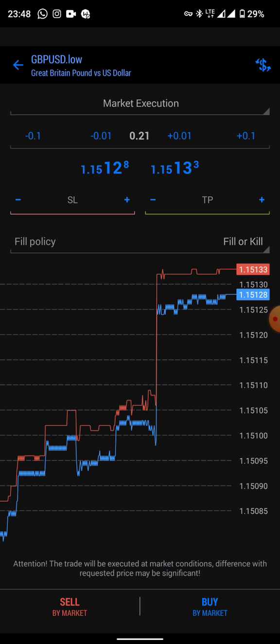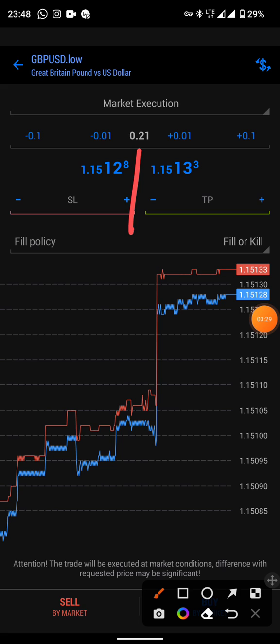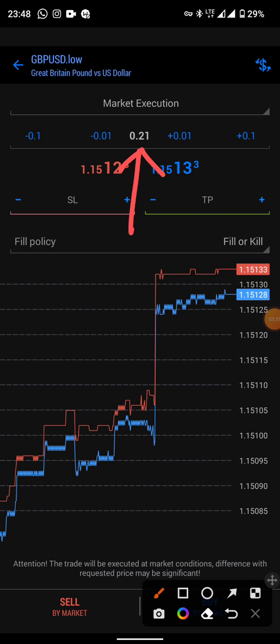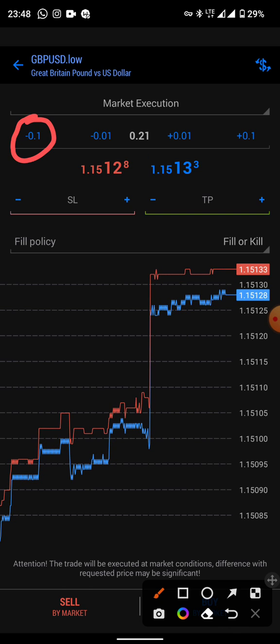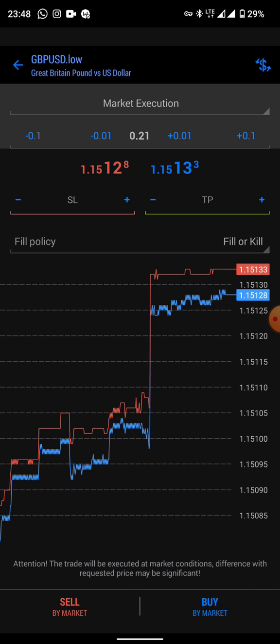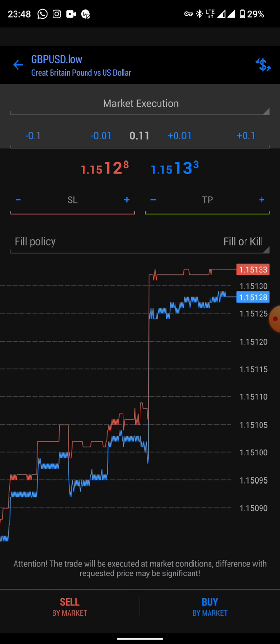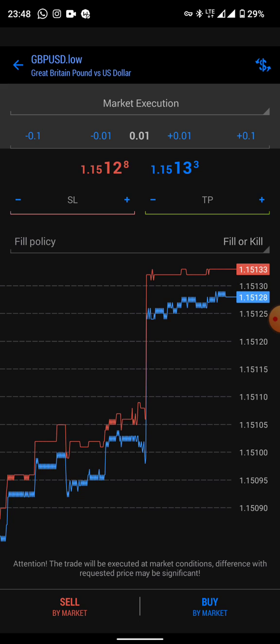Now let's reduce it to 0.01. You're trying to change the first decimal, you're trying to change the 2 to 0. So all you simply have to do is go to minus 0.1 and click on it. If you click on it you have this, click again and then you have this.